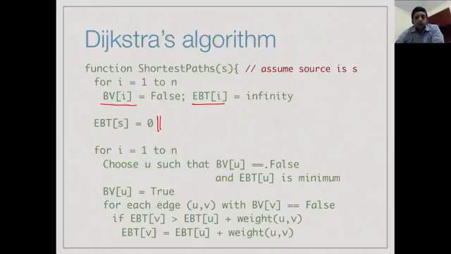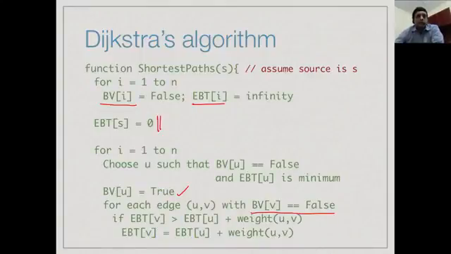So we look for a U which has not been burnt and whose expected burn time is minimum, make it burnt. And for each of its outgoing neighbors B which is not burnt, if the current estimate for that is bigger than the estimate of going through U, that is the burn time of U plus the weight from U to B, then you update the burn time of B to be the new one.